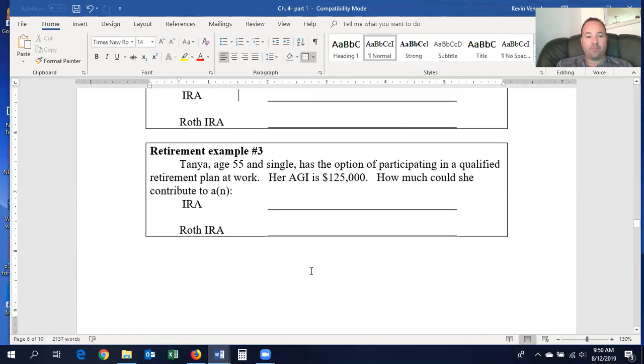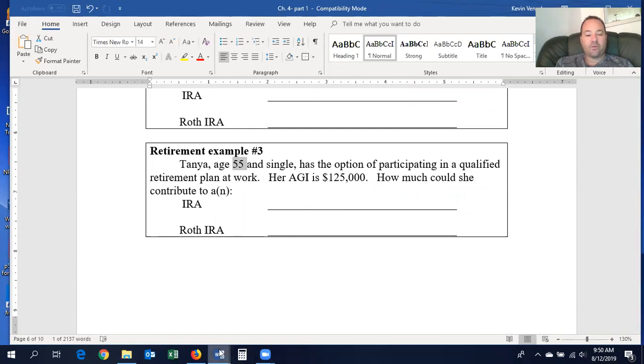Finally, the last retirement example. Age 55, so we do get the catch-up option, and she does have the retirement plan available to her at her work. How much could she put away for each? She's well over the cap for the regular IRA with somebody having a qualified plan. So the answer here is 0.